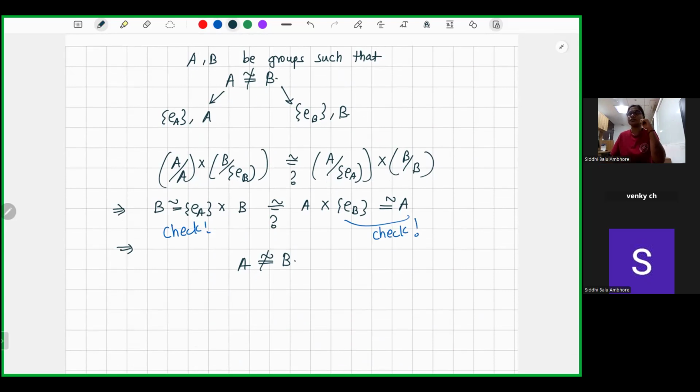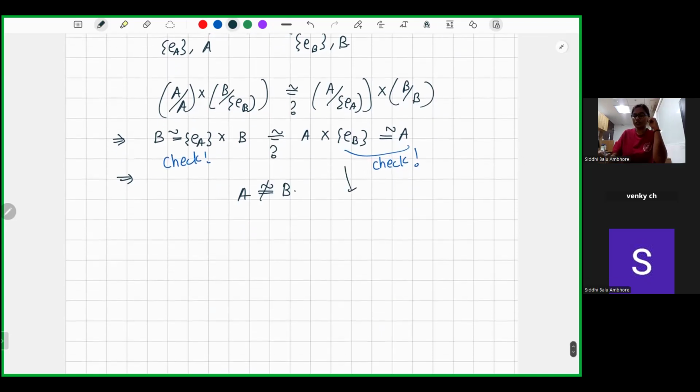Okay? In order to prove this, you can just define a group isomorphism from here to here such that (A, EB) goes to AEB. This is just A here. Sorry, not EA. And this will be just my A, and EB goes to, I mean, you can just check here.